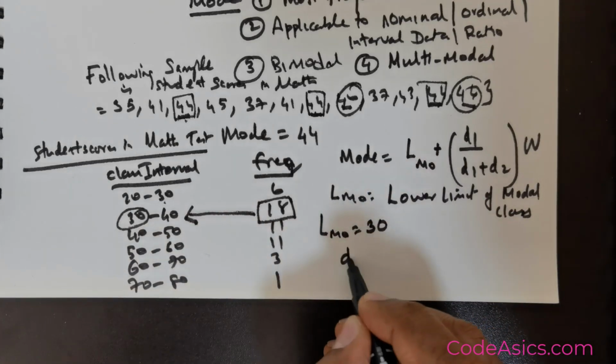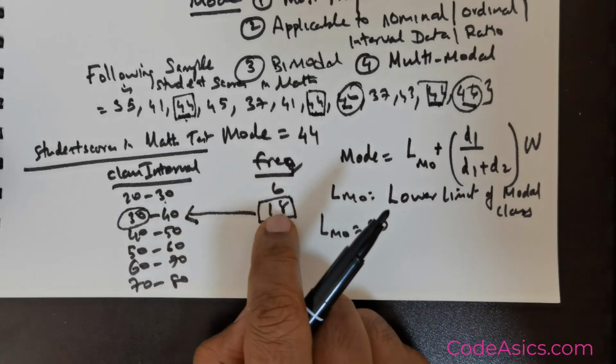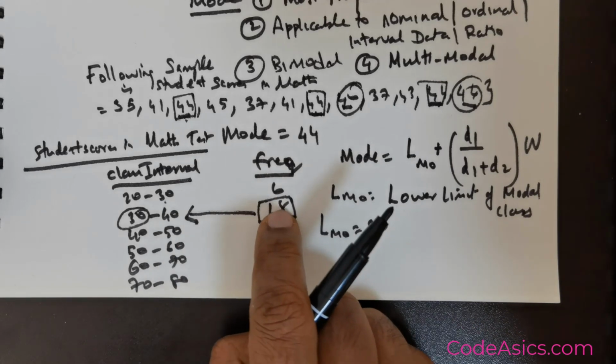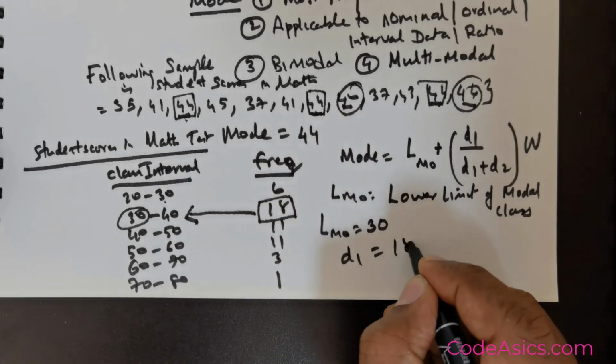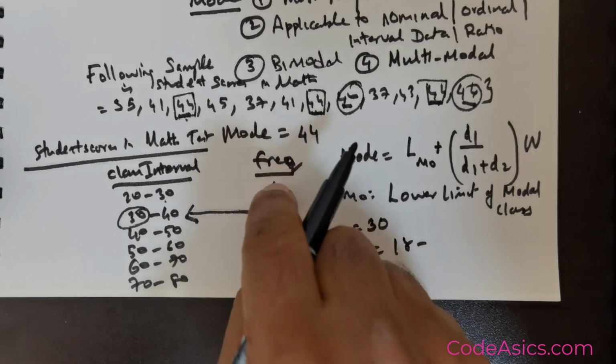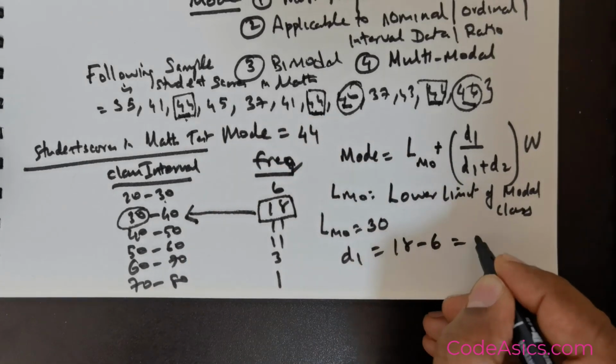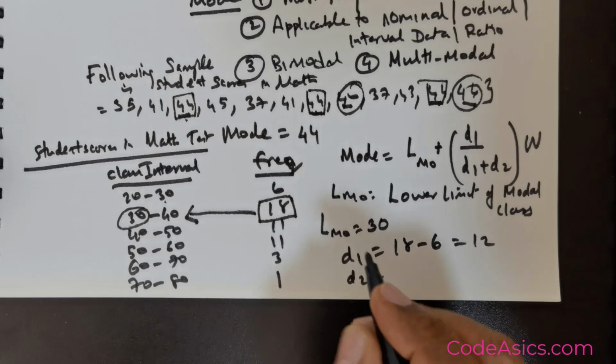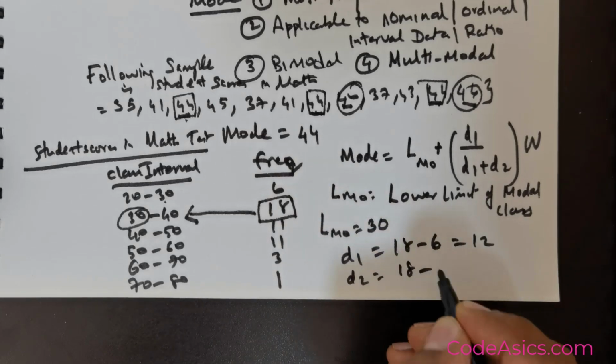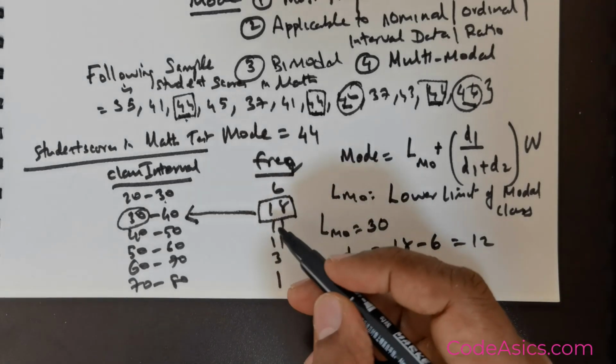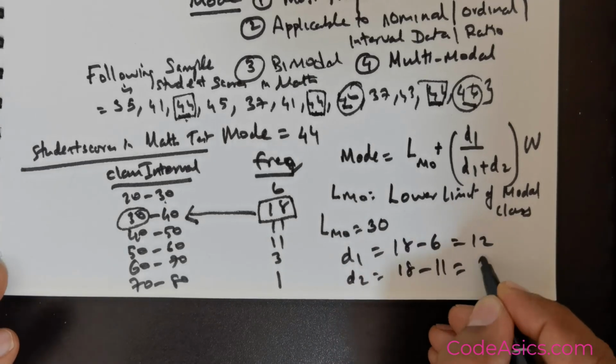Now to find D1, go to the frequency. From 18 you subtract the one frequency which is above, subtract 6, so you get 12. Now to get D2, from 18 you subtract the low frequency which is featuring below 18. In this case it's 11, so you get 7.